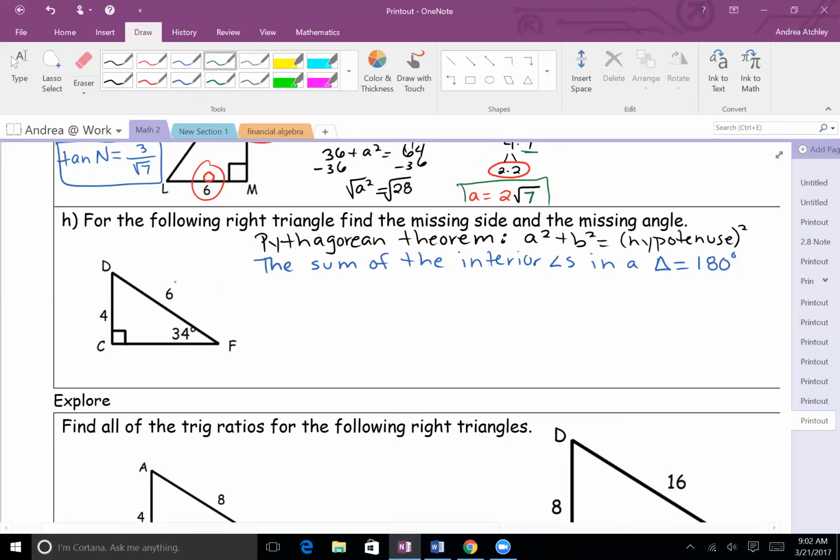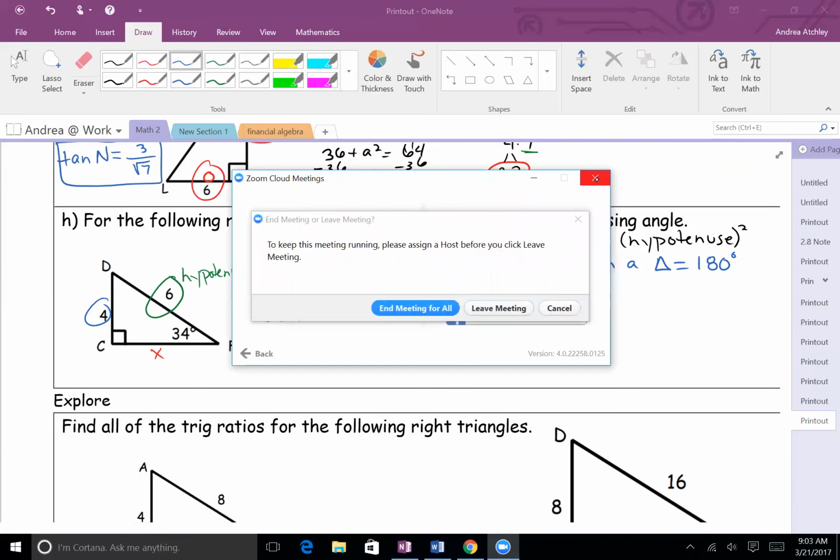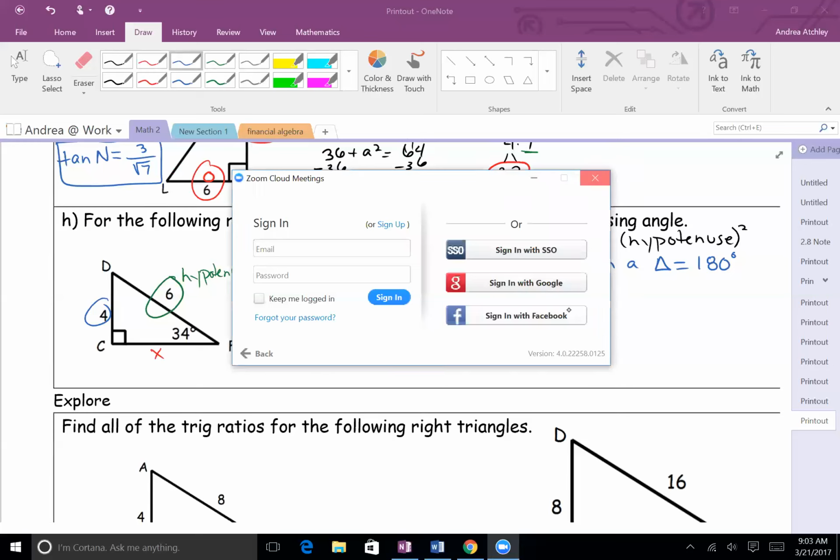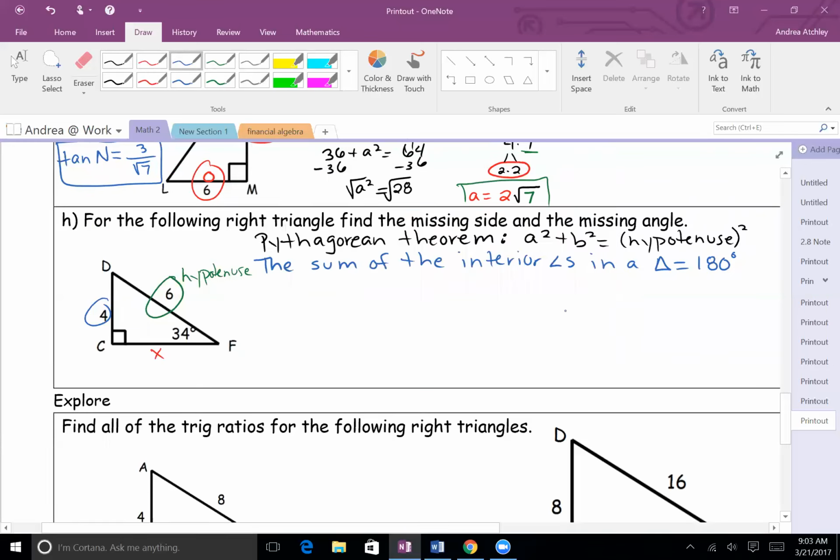So the only thing I really need to care about right now is that this is the hypotenuse. I'm going to label this as x, just so I know what side I'm looking for. So I'm going to get 4 squared plus x squared equals my hypotenuse squared.